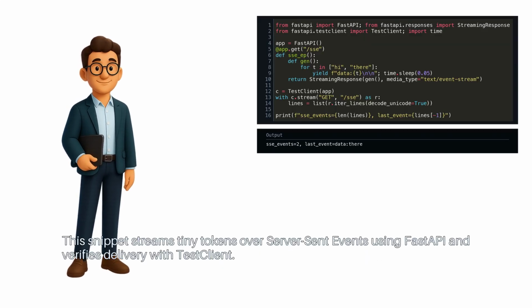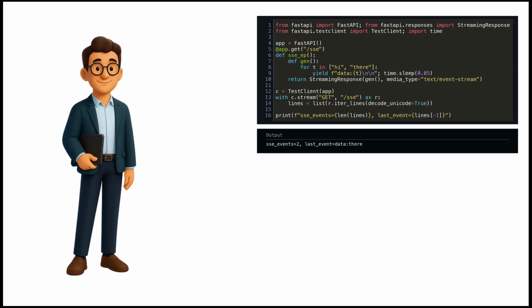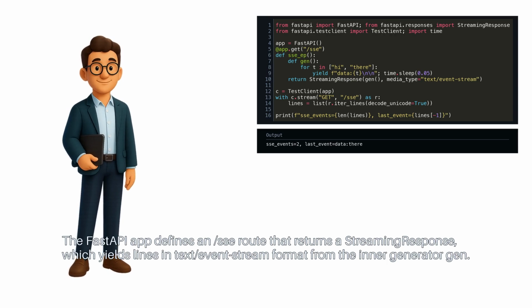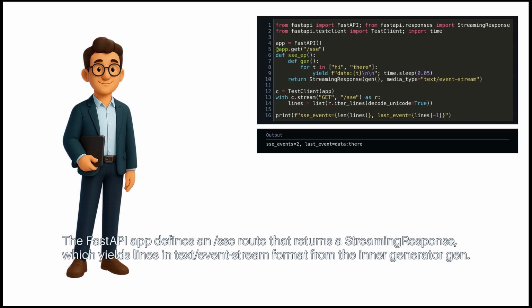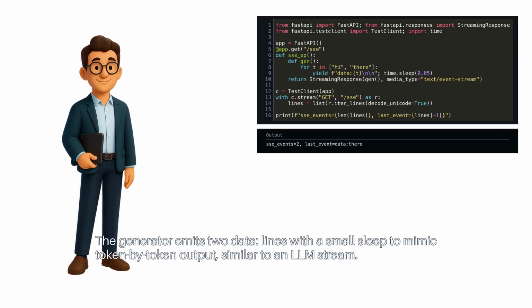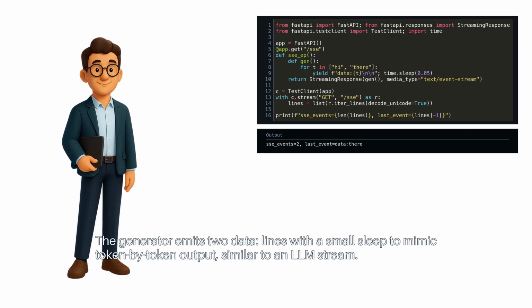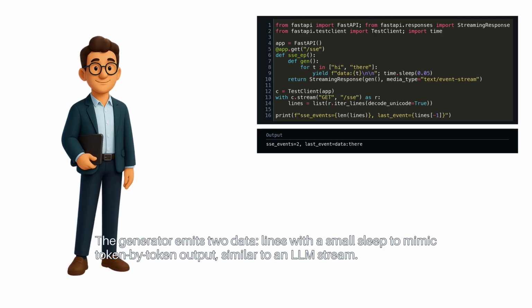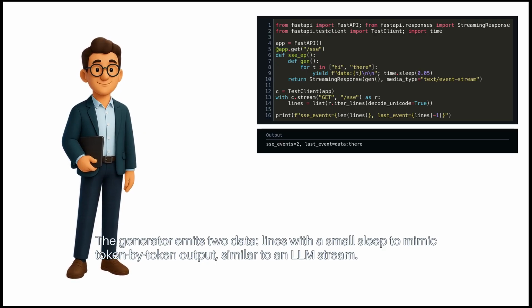This snippet streams tiny tokens over server-sent events using FastAPI and verifies delivery with TestClient. The FastAPI app defines an SSE route that returns a streaming response, which yields lines in text event stream format from the inner generator gen. The generator emits two data lines with a small sleep to mimic token-by-token output, similar to an LLM stream.